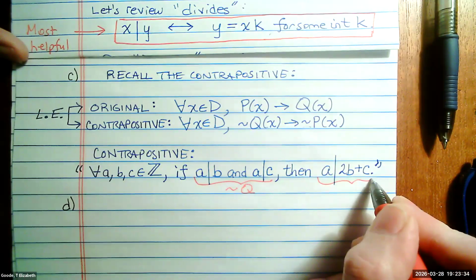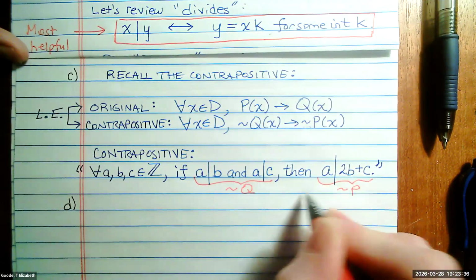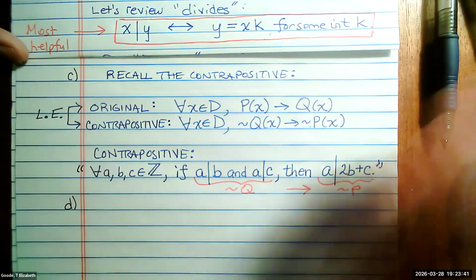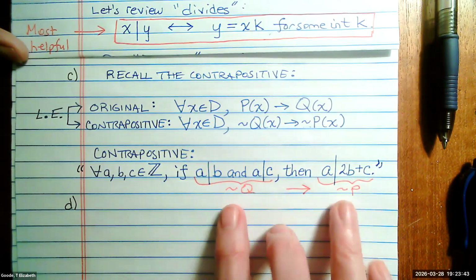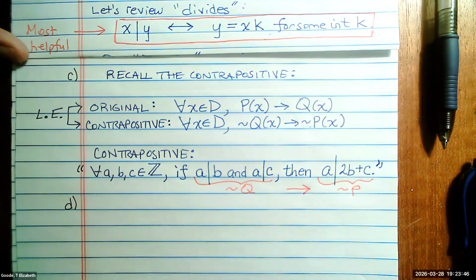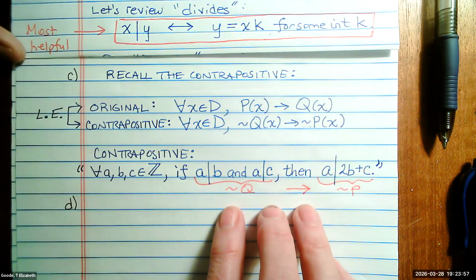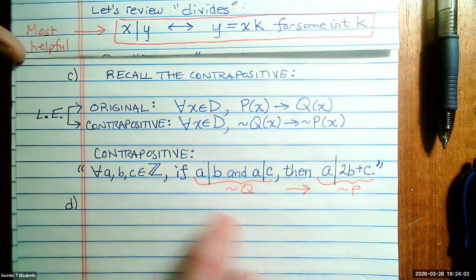See, this is our not Q. This is our not P. So we're really just going to be writing a direct proof of a different if-then. And that's the beauty of it, it's not really a new proof method as much as the application of direct proof to the logically equivalent formulation of the statement which we call the contrapositive.